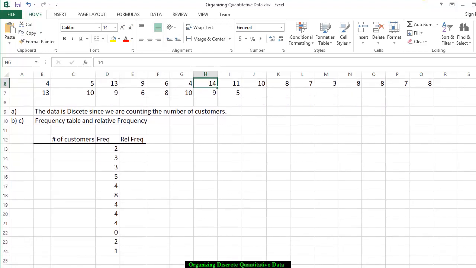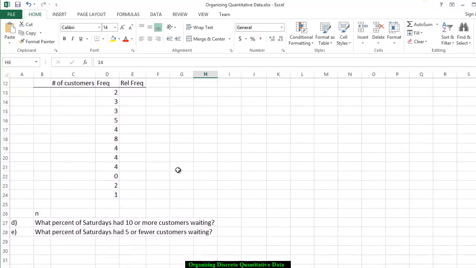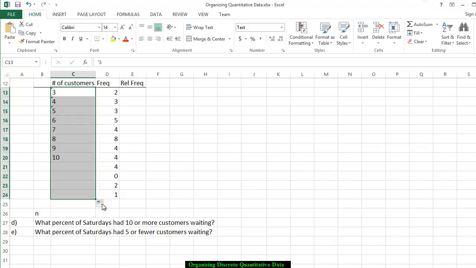So in order to set up that particular column so we can construct a chart, we're going to put an apostrophe 3, apostrophe 4, apostrophe 5, and since I do not want to do that till we get to 14, we're going to scroll down and fill the rest of this column up to 14 by taking the right side with the plus sign, going all the way down to 14.